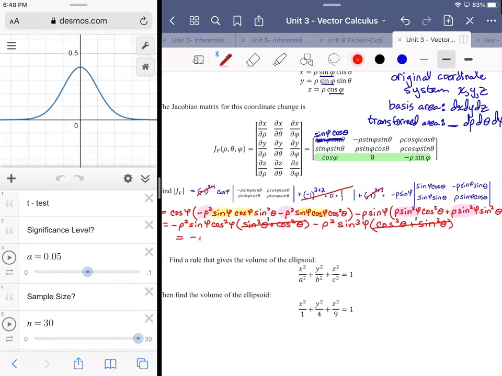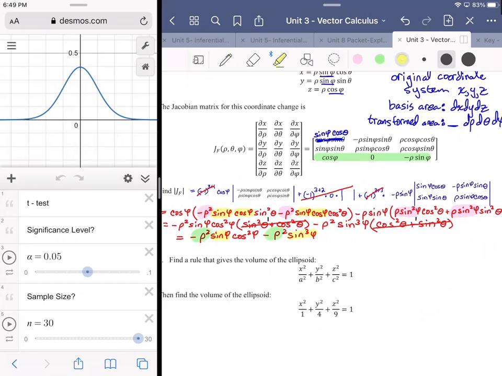So we have negative rho squared sine phi cosine squared phi minus rho squared sine cubed phi. All right, so GCF: I have a negative rho squared, and I have a sine that can be factored out.